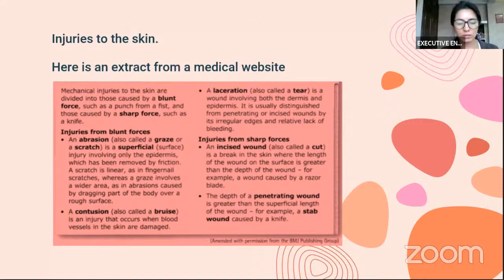Anything else? What is the meaning of deep? Where is it? In the paragraph. Oh, depth. The depth of the wound, right? I'm just looking for wound.